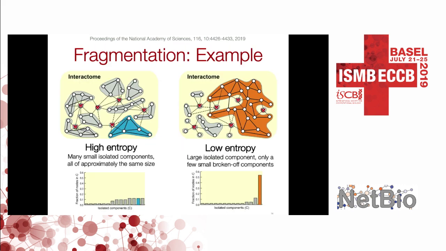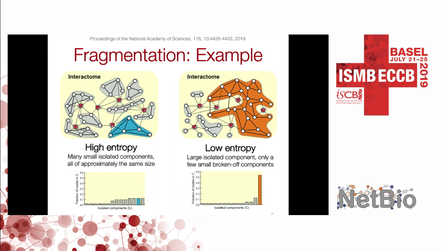So to give an example, here you can see two synthetic toy interactomes on the left and on the right that have the same number of nodes and the same number of edges, meaning interactions. And in both of the interactomes, we have also removed the same number of nodes. So we simulate failure at the same rate. But the response of the two networks to failure is vastly different. We can see on the left, the network has really broken into a number of small isolated components that are all of approximately the same size.